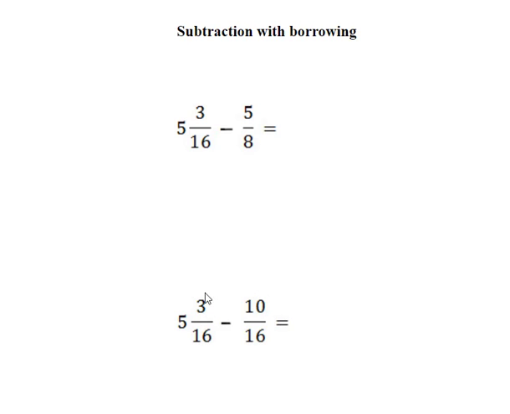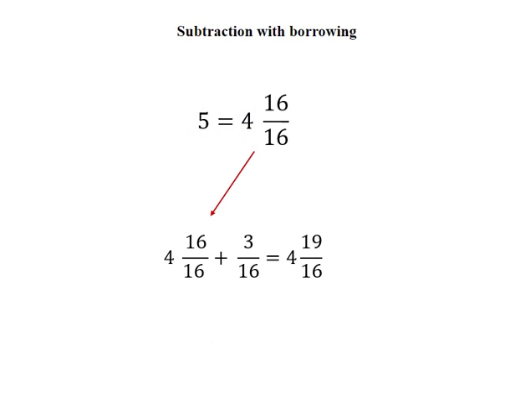How do we make this fraction larger so that we can subtract this number easily from that? How we do that is we take the one value from the 5, turn that into a 4, and then we add the value of 1, which would be 16 over 16, to this. Because remember, 16 over 16 equals 1, just like 2 over 2 equals 1, like 14 over 14 equals 1. They all equal 1 if they have the same numerator as the denominator.